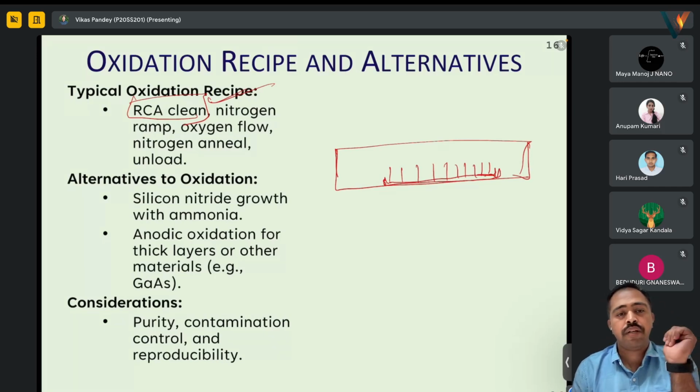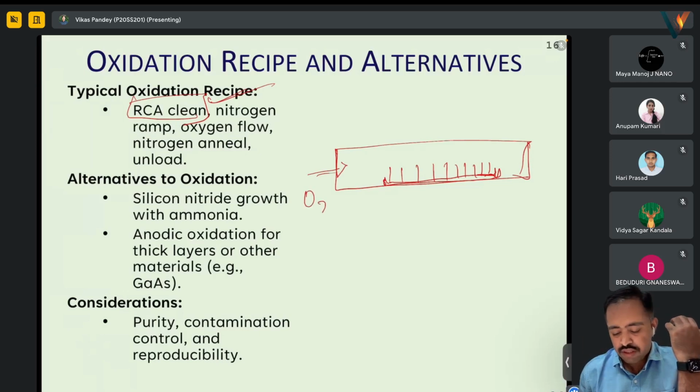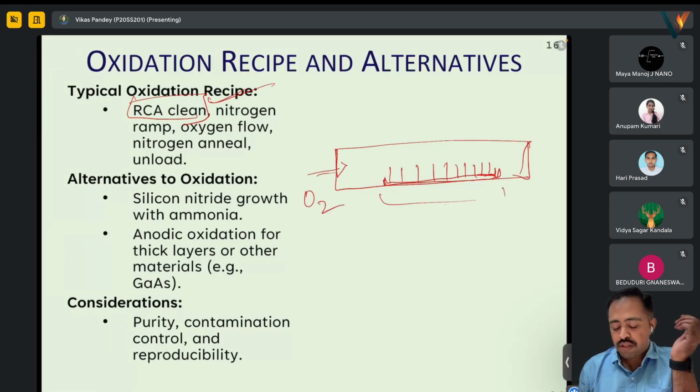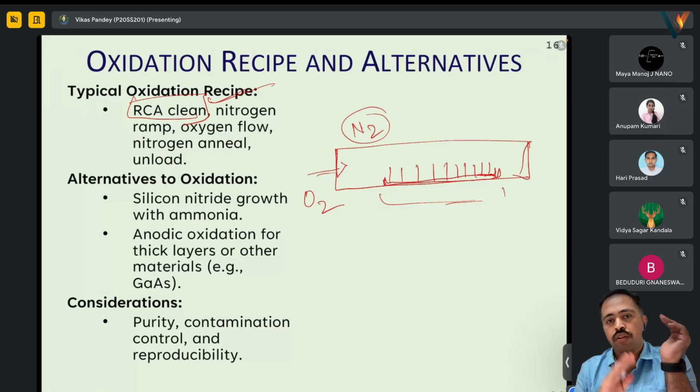Then first clean nitrogen is flown for some time, then oxygen is flown. Once the oxidation is over, to cool it, we again keep flowing N2 throughout the process. That is a typical oxidation recipe.